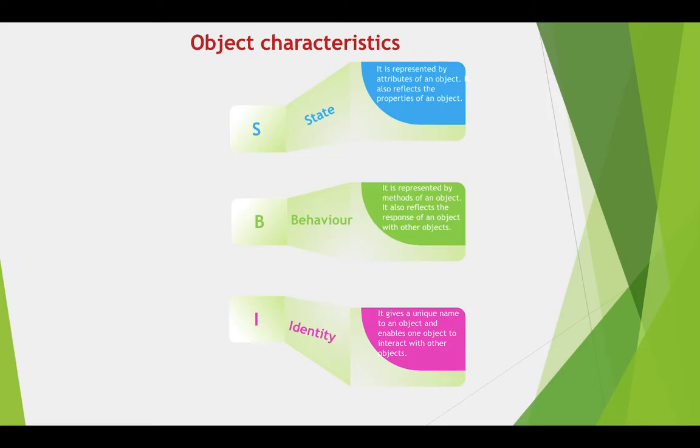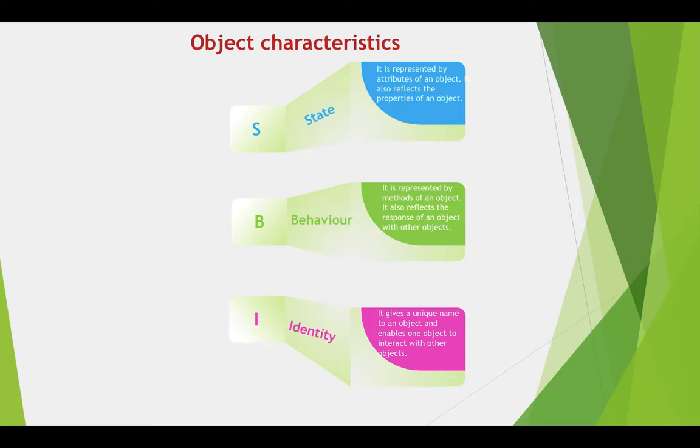S is the state. It is represented by the attributes of an object. It also reflects the properties of an object. Next, B is the behavior. It is represented by the methods of an object. It also reflects the response of an object with other objects.